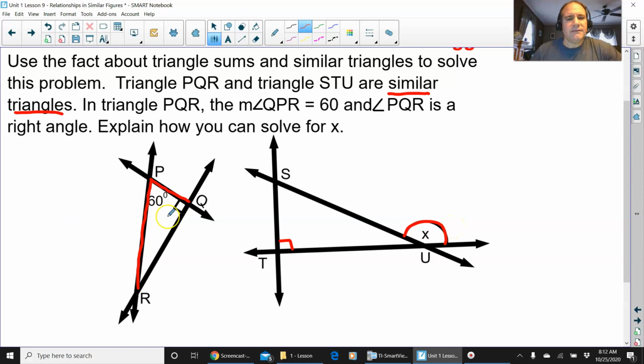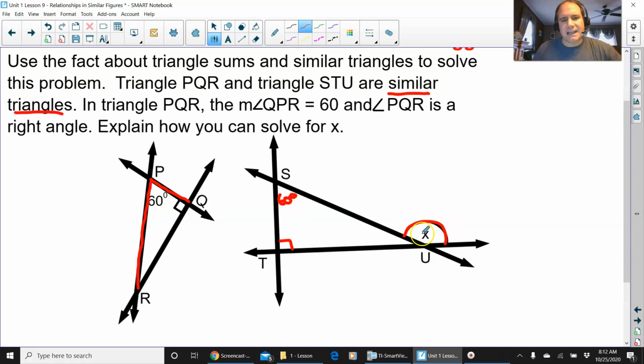Okay, hopefully you did have a chance to look at that. The first thing I did was right here, since these are similar figures, and this looks like it's rotated a little bit, and it's actually a little bit bigger, the STU triangle. This is 60, this is 90. I know that the 90 degree angle is here, and since the corresponding angles of any similar figures are equal to each other, I know I could put 60 in here.